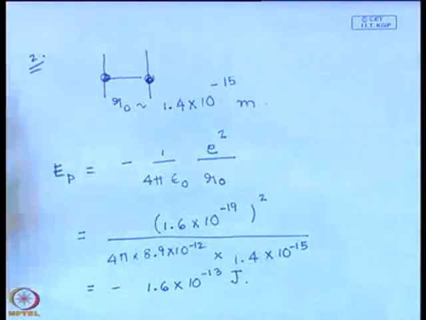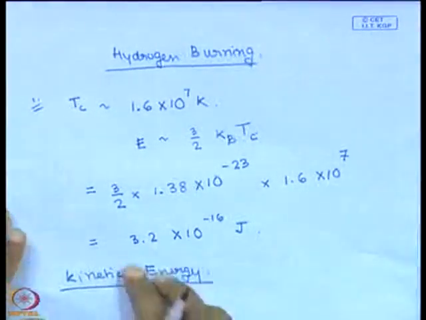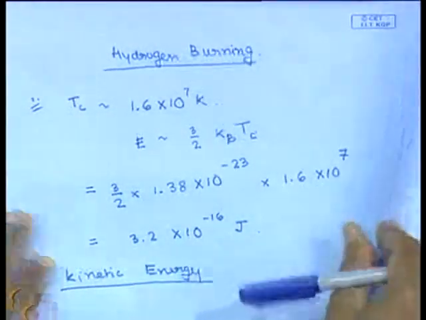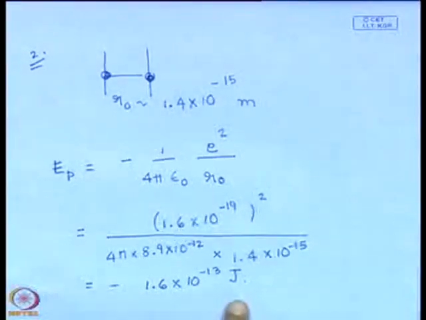So, with this simple estimate, we can compare: the typical kinetic energy is 10^-16, whereas the potential energy is 10^-13. So, the kinetic energy is roughly 1000 times less. And this is the problem which I had mentioned earlier.